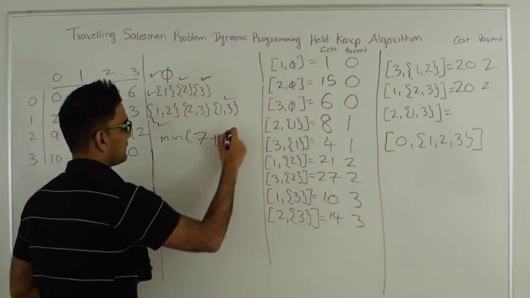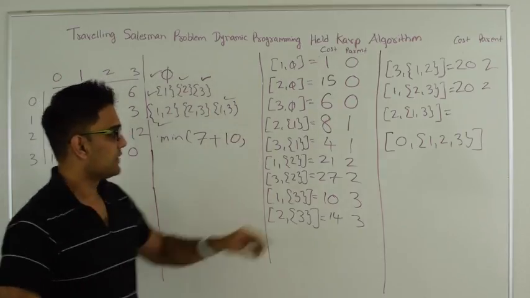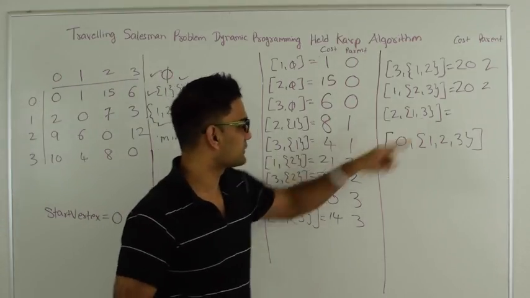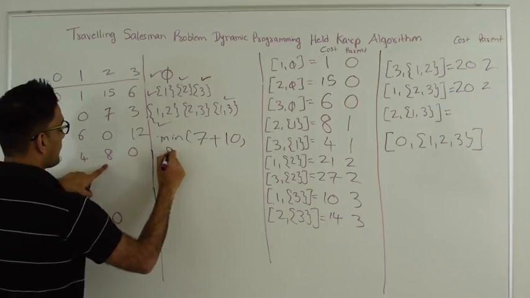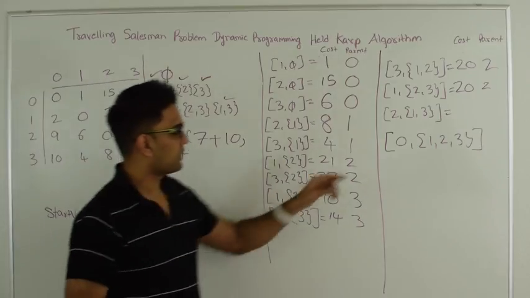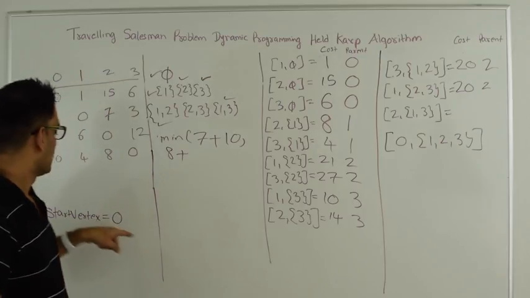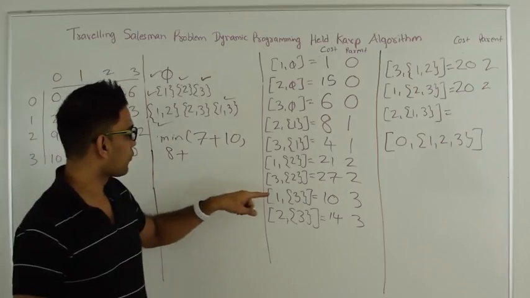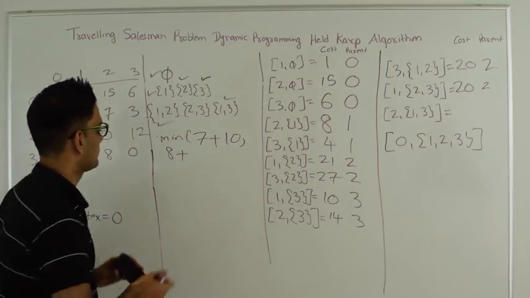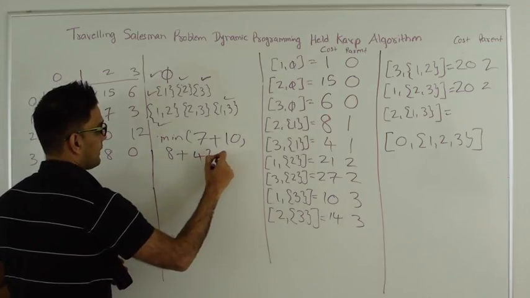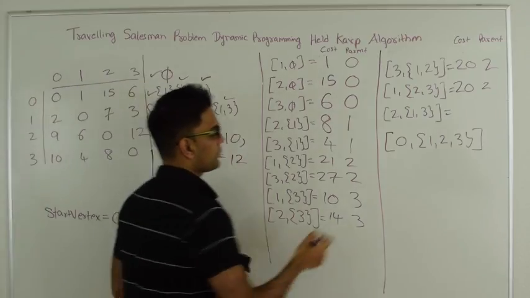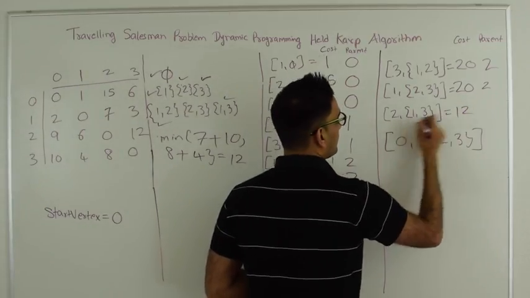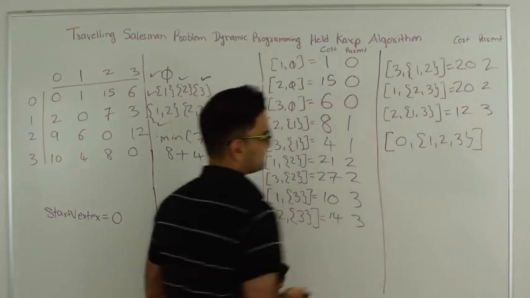Or if the vertex right before 2 was 3, so the distance from 3 to 2 is 8, plus whatever it takes to reach 3 via 0 from 1, so that is 4. And the minimum of these two is 12. So here I am going to indicate that we are reaching 2 from 3.